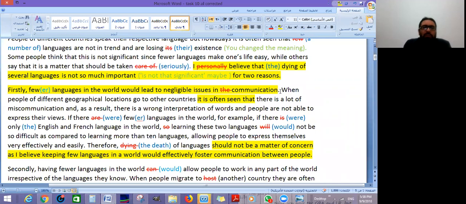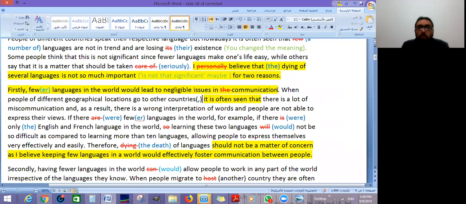So when people of different geographical locations go to other countries, it's often seen that, usually when we start off with a subordinating conjunction or a dependent clause, we put a comma before the independent clause.